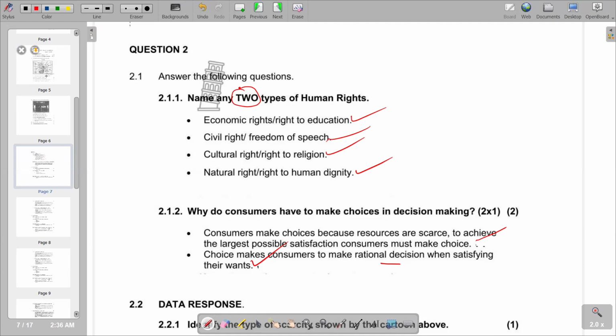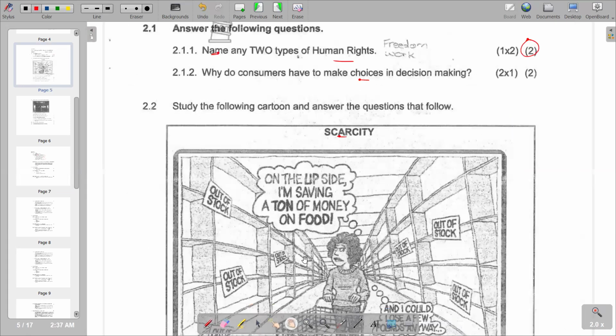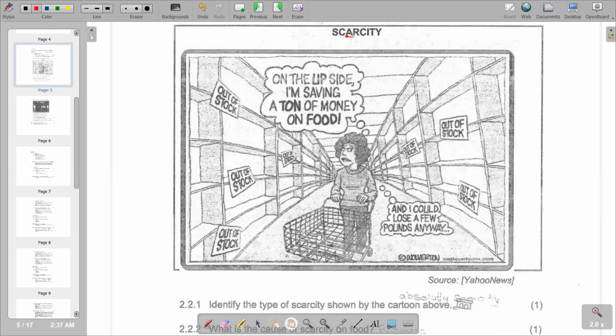So we go to the next part of the question, where now we are on 2.2, which says study the following cartoon and answer the questions that follow. So we're given a cartoon of scarcity. So we go down to see what we have in terms of the cartoon. We see that we've got an individual that is standing, a woman, and the woman is saying, on the upside, I'm saving a ton of money on food.